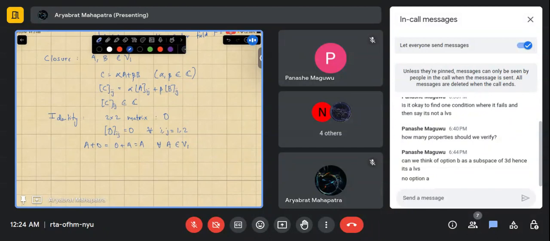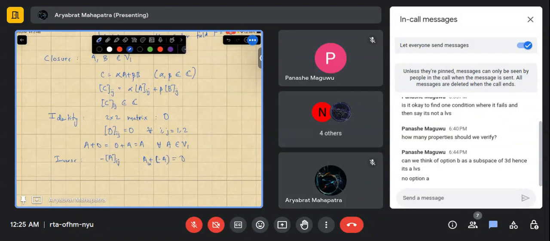In the same way, you can also check for the inverse. The inverse would be something of the form minus Aij, because if you take this form, then you can prove that if you add A with minus A, you get the null matrix.